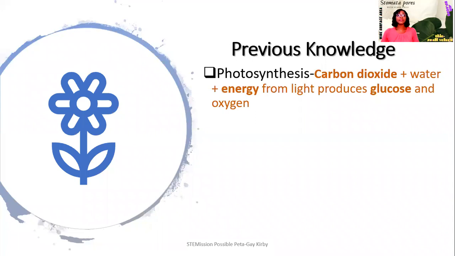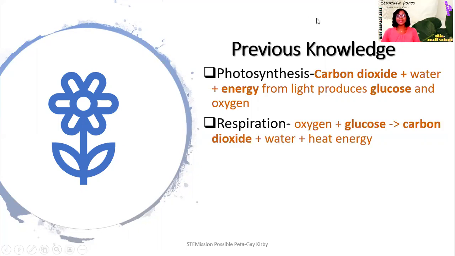Let us recall that it requires carbon dioxide, water, and energy from sunlight to produce glucose and oxygen. We would have looked at respiration, whereby oxygen and glucose are necessary to produce carbon dioxide, water, and heat energy. These things are happening in our plants.